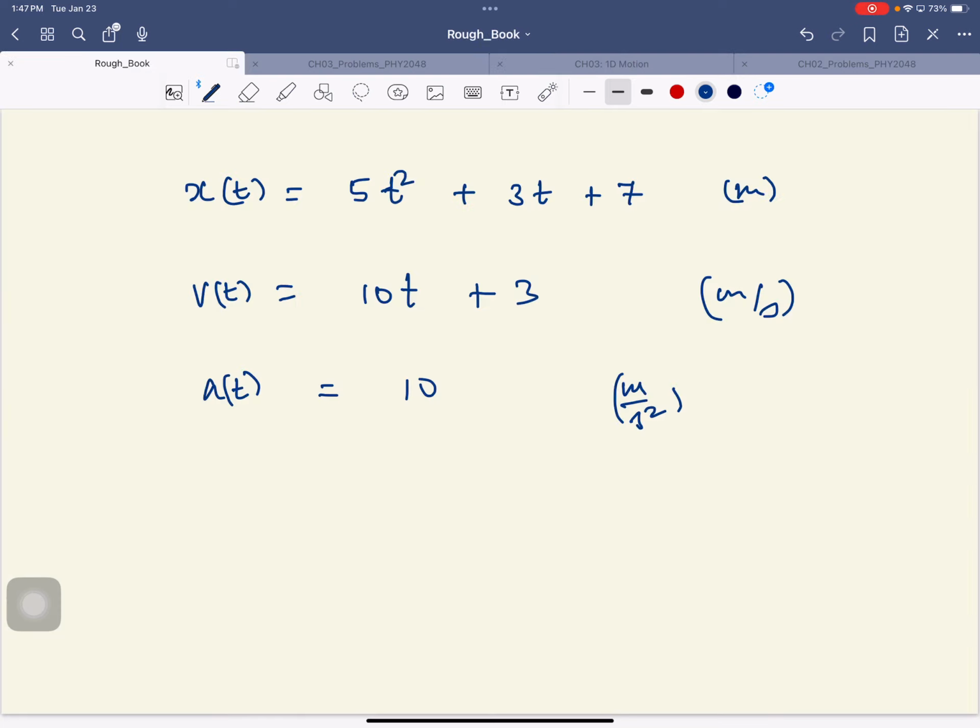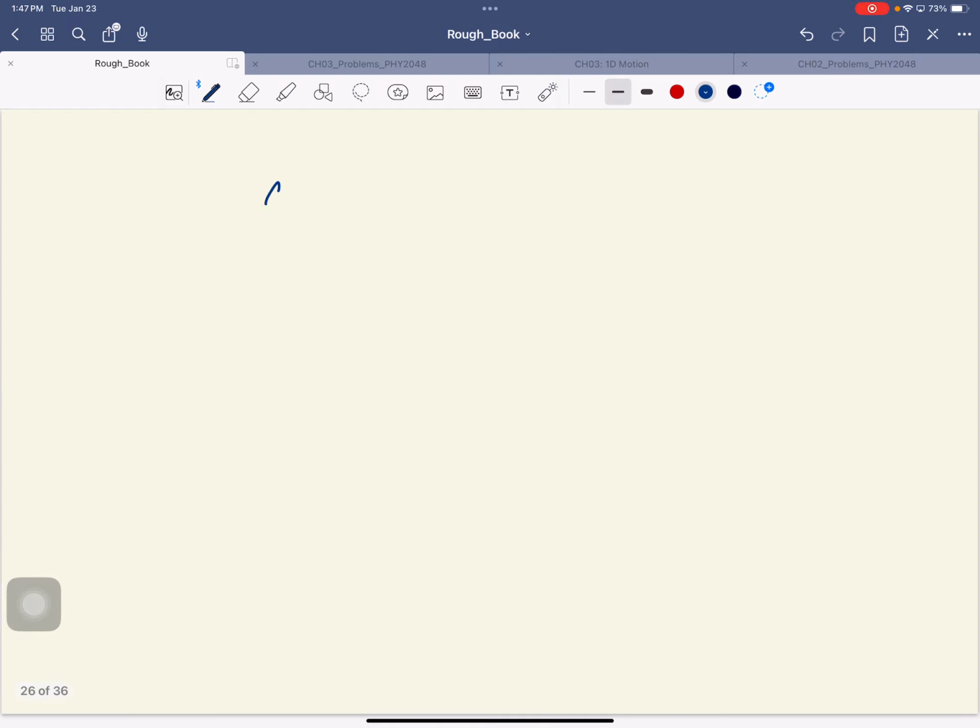So let's go. Acceleration is dv by dt. We are going to say acceleration is constant. So here's your equation, and we're going to hit both sides with a hammer, and this is the hammer we're going to hit with.